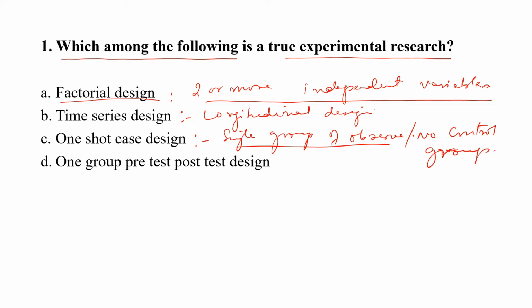And one group pre-test post-test design is a type of quasi experimental design. It is not a true experimental design. So the correct option here is option A, which is factorial design. Factorial design is a true experimental research design.